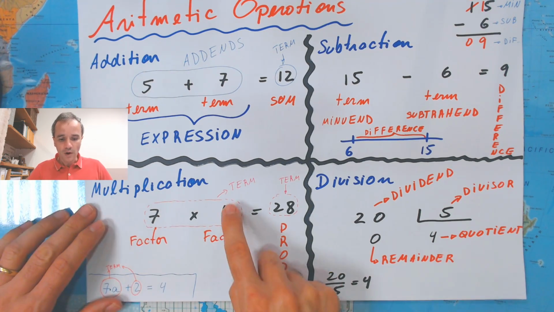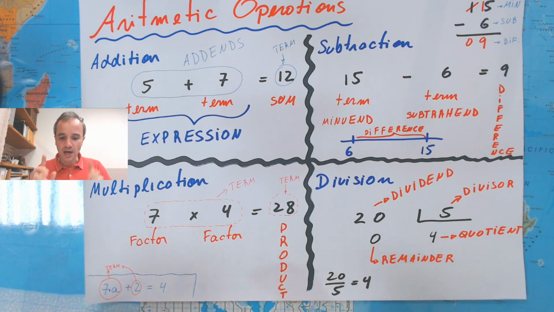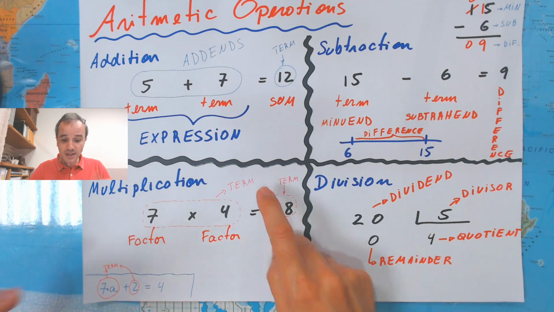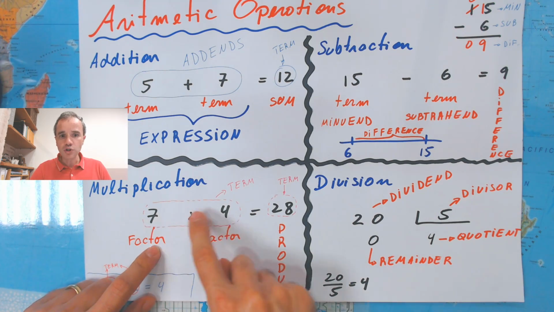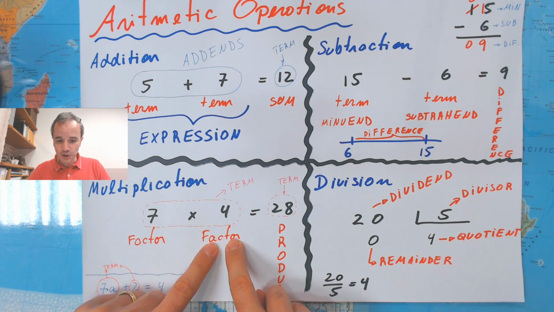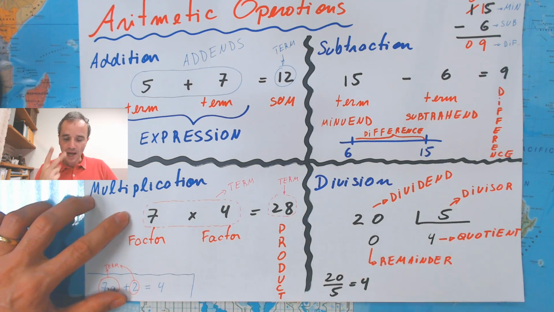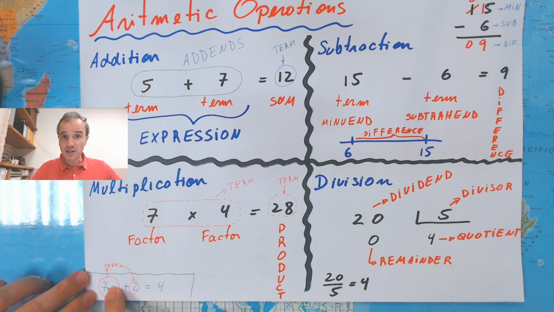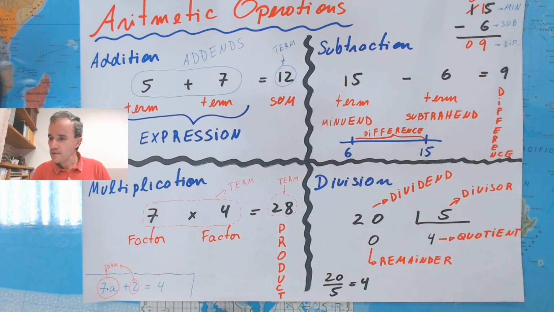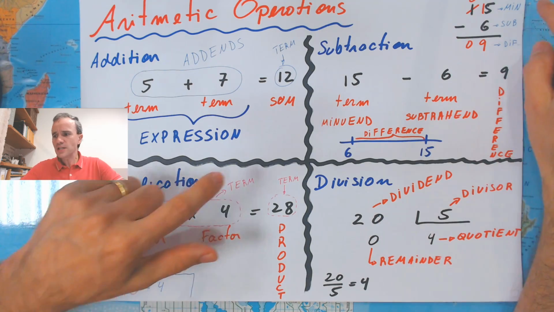So you see, when you multiply numbers, they become only one term. But because they are being multiplied, we call this a factor and another factor. We have to distinguish them, right? So that term has two factors, okay? That term 7a has also two factors, 7 and a. Did I forget something? I don't think so. Okay, so I just wrote in this one.